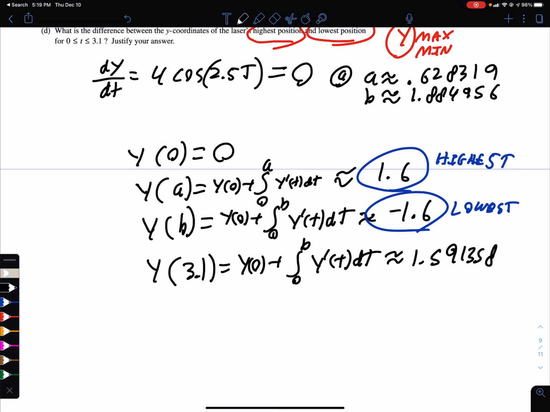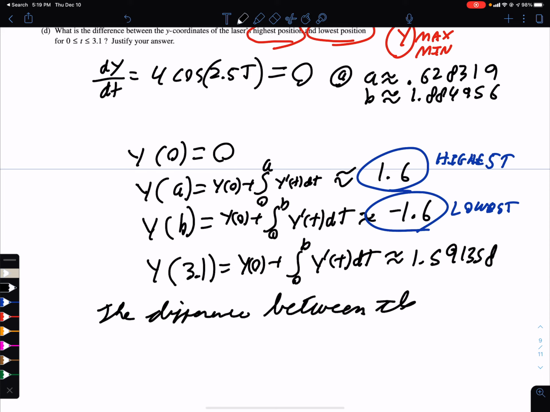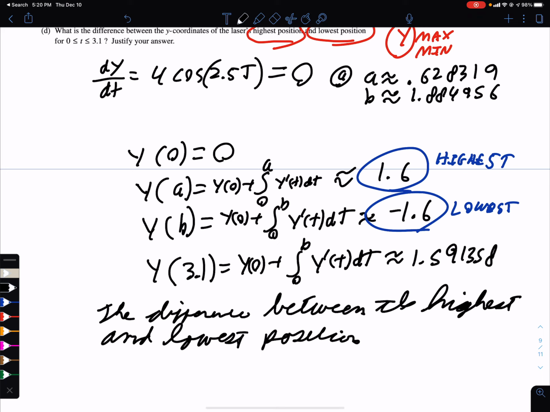So I'm going to state the difference between the highest and lowest position is 1.6 minus negative 1.6, which is 3.2. I am El Dano. That is examples of parametric equations.